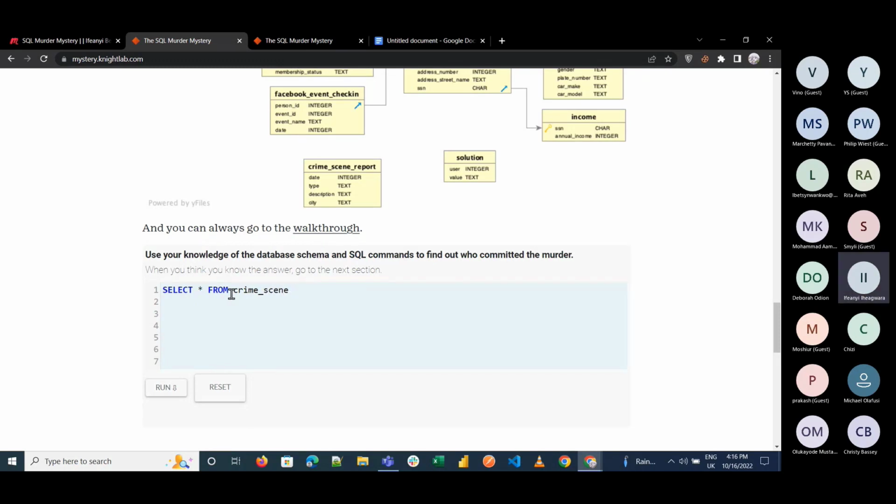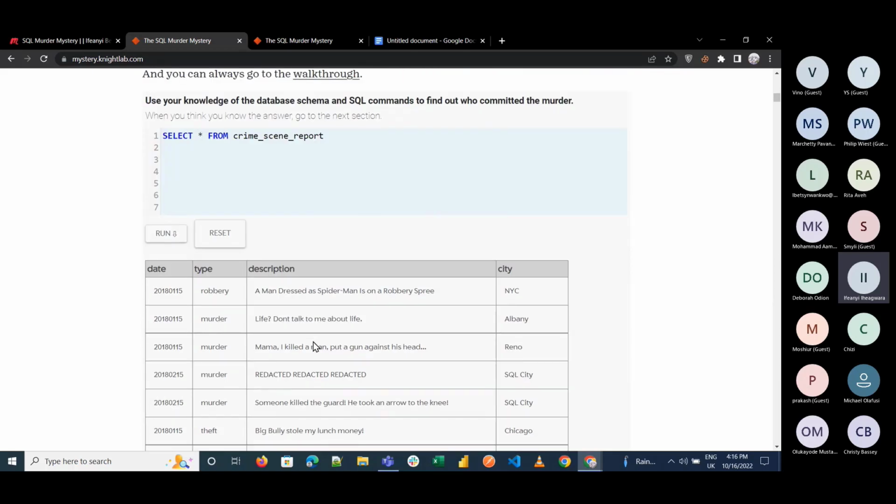We also need to make sure our spellings are right, so it's crime scene report. And when we run this, it gives us these different dates that different crimes took place. These are the different crimes that took place, the description of the crime, and the city. The description is probably the police report, so we need to look for the police report of the crime we're looking for.